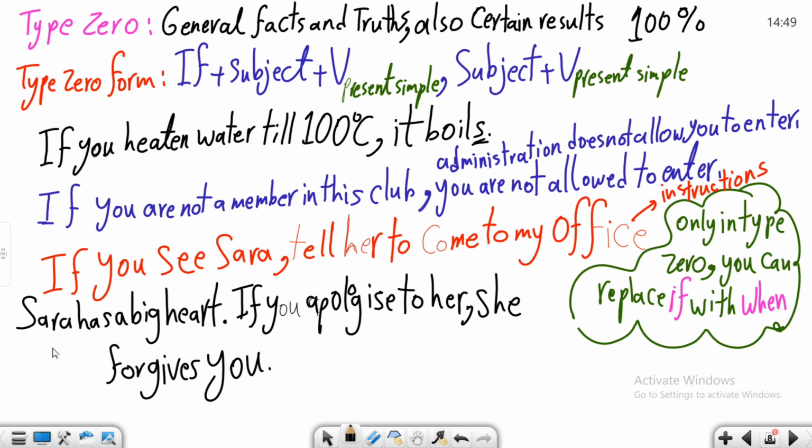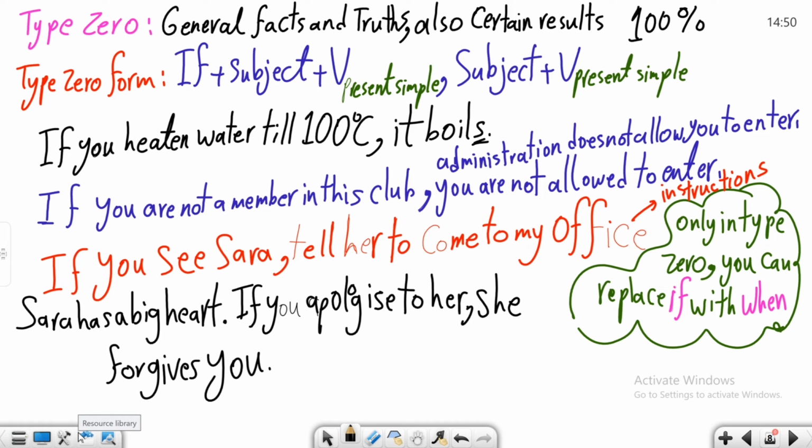And here, last example, my friends, Sarah has a big heart. So I'm talking about facts, general facts about Sarah. Sarah has a big heart. If you apologize to her, if you say sorry to her, she forgives you. In here, my friends, I'm talking about facts and the truth and certain results at the same time. It means I am sure whenever you come to Sarah and you apologize to her, if you hurt her feelings, she is not going to say no to you.